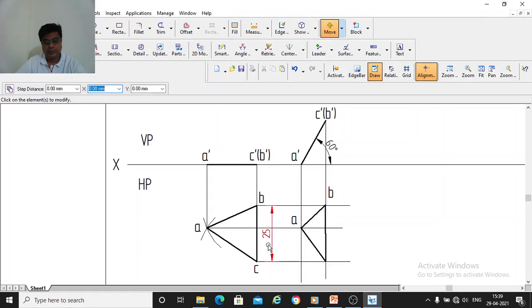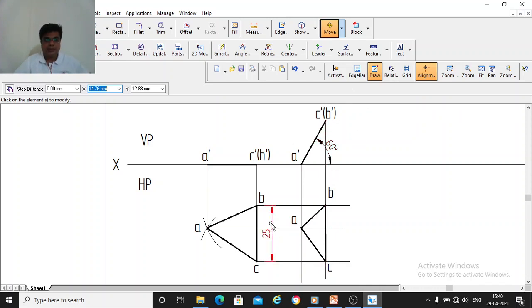This will be C, write C here. So this is the second front view and top view. This is the first front view and top view. Top view will be ABC, front view will be A dash, B dash, C dash.